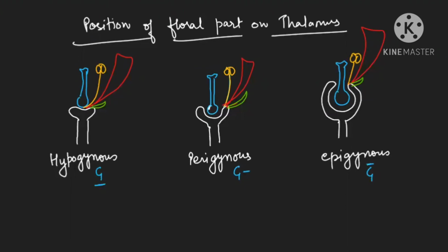Now let us write the examples. Hypogynous examples are mustard, China rose, and brinjal. Perigynous examples are plum, rose, and peach.